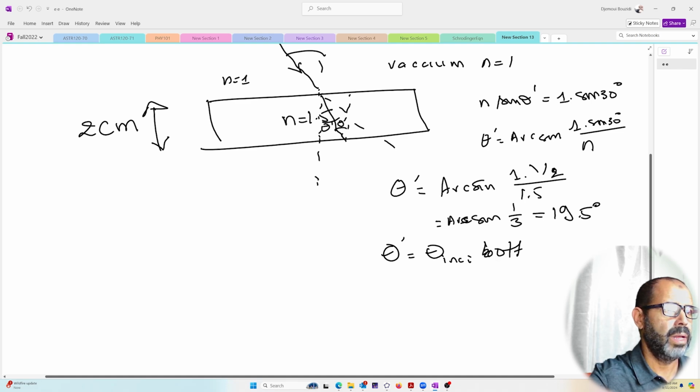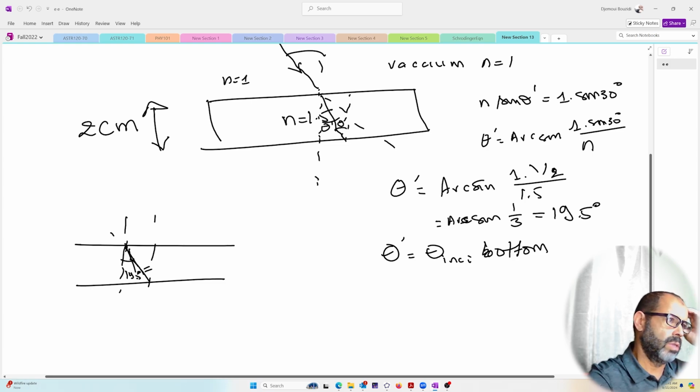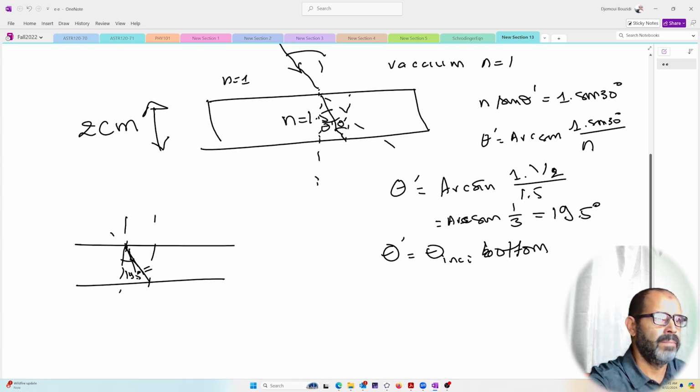That's by geometry because you have two parallel lines, the normals to the surfaces. We just calculated this angle to be 19.5 degrees, and this angle must be equal to that because we have two parallel lines cut by this one, so they must be the same angle. So that's the answer to part B.